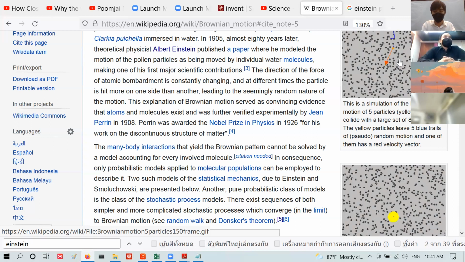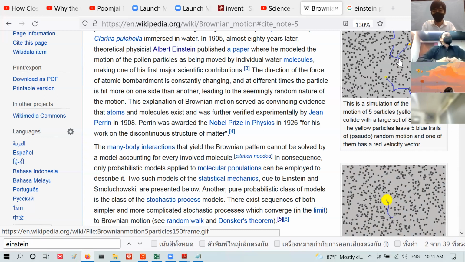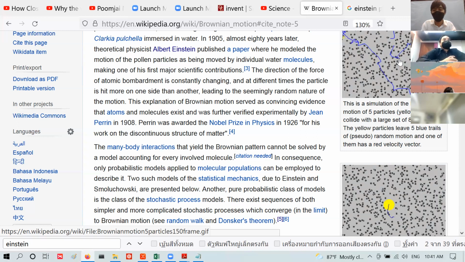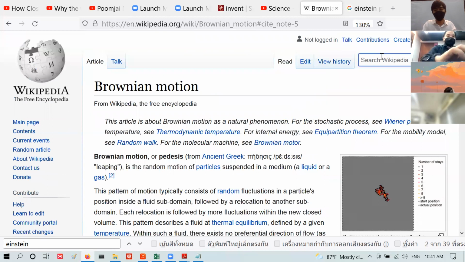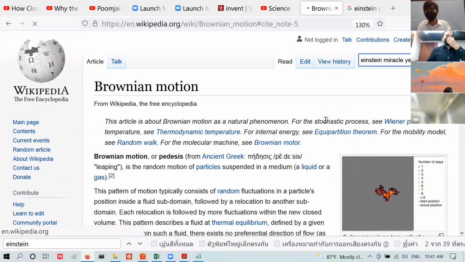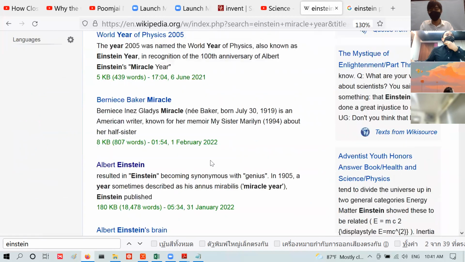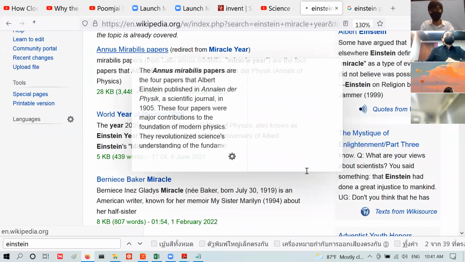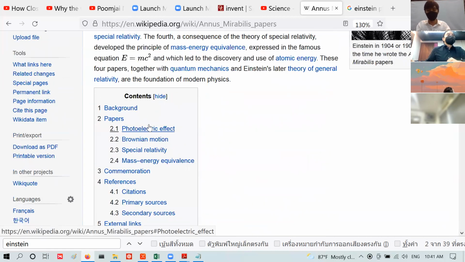Oh, that's interesting. So Einstein, in his famous year 1905, wrote the paper on special relativity. I think there's actually a page here called Miracle Year. So he has Brownian motion, the photoelectric effect, special relativity, and mass-energy equivalence in one year.